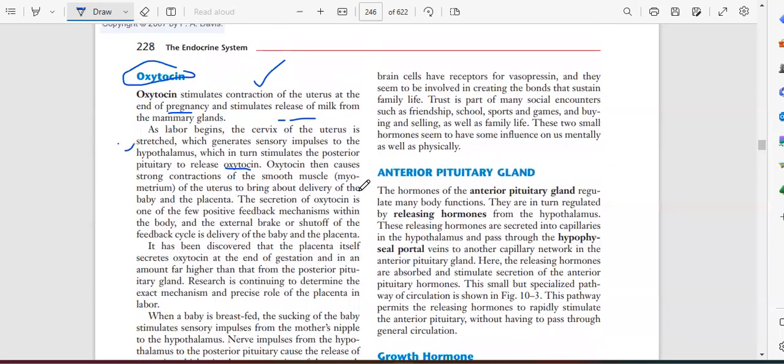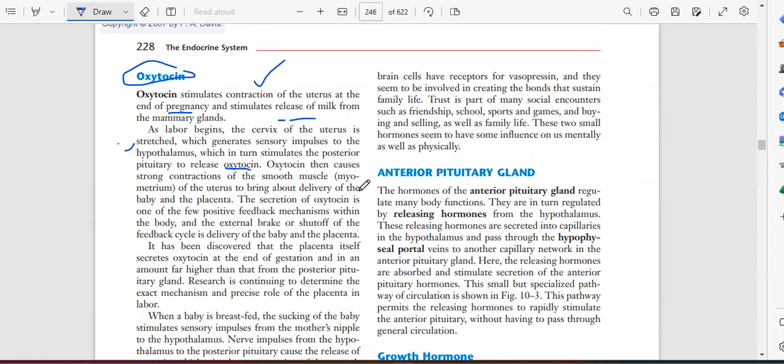So basically, whenever the baby is ready to come out of the uterus, what will happen? Imagine this is the cervix of the uterus, it is stretched. So from that region, the impulse will be generated and reach the hypothalamus.